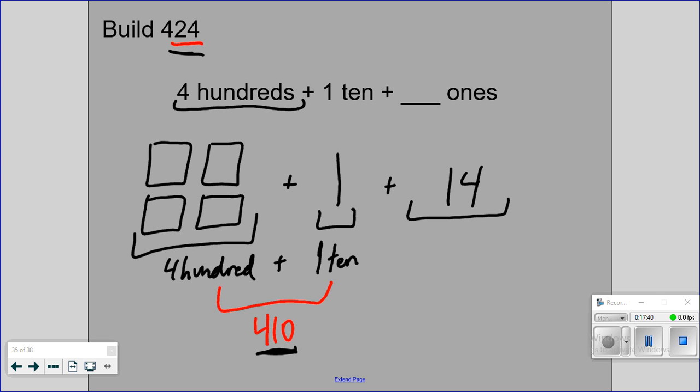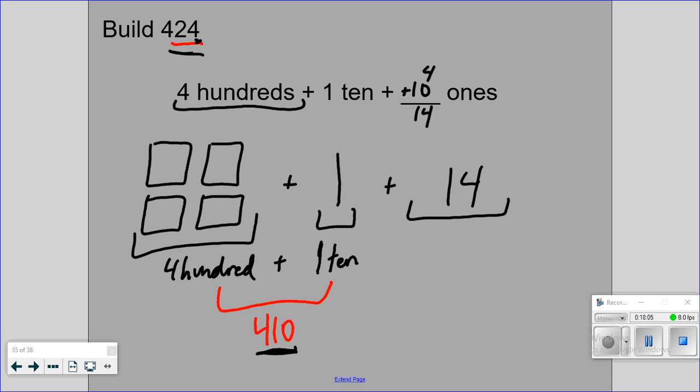Lincoln? He needs 1 10. So he already knows that I'm going to have 10 ones, because he needs 1 more 10 to get there. And then he knows that he needs these leftover 4. 14 ones.